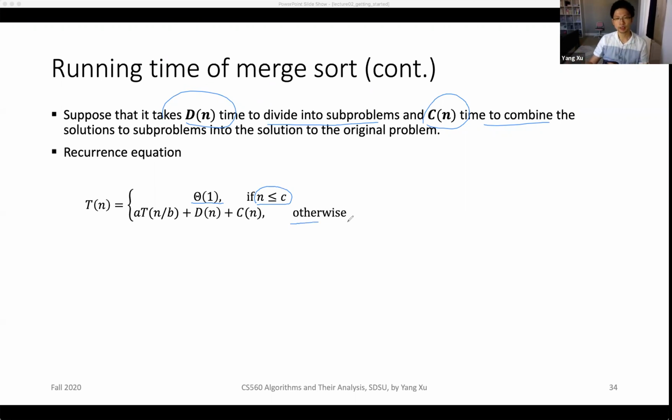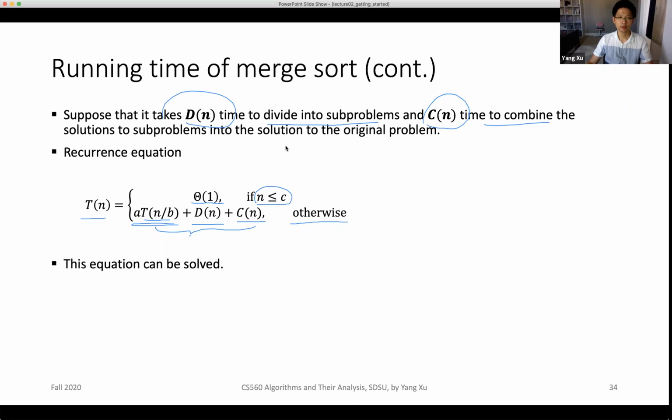In all the other cases, which are larger subproblems, we divide the original problem into A smaller problems, and each subproblem takes that amount of time. So A times T of n over B is the cost of solving all the subproblems, plus D, the cost of dividing, and C, the cost of combining. All three parts added together give the total cost for solving the original problem, if that problem is above the threshold.